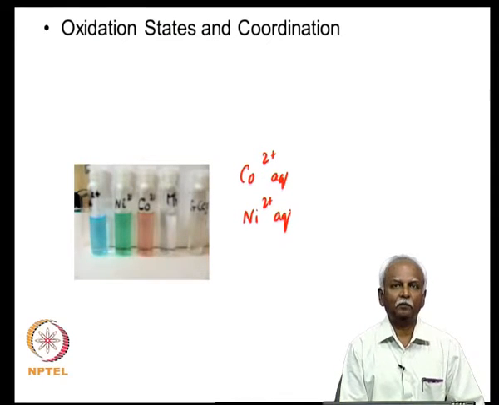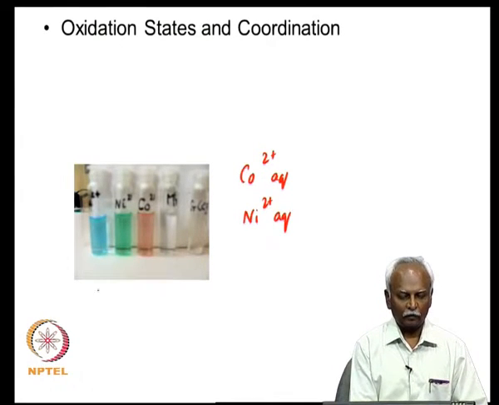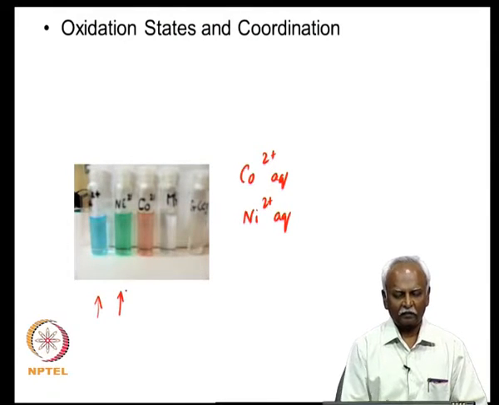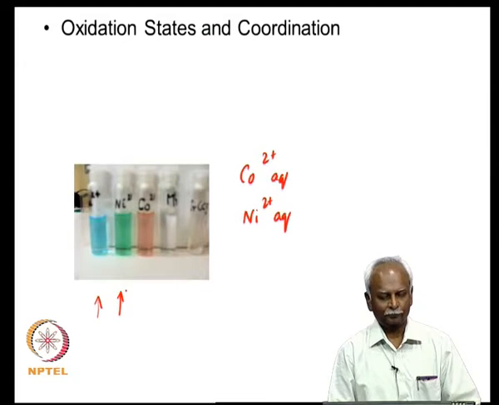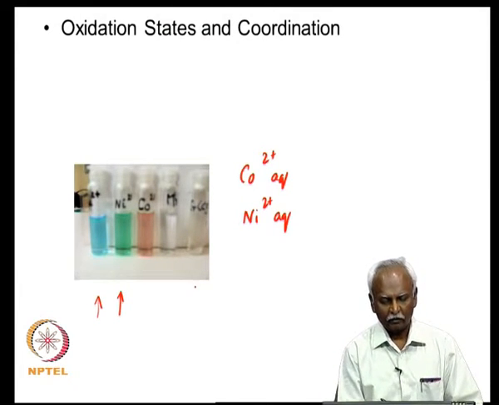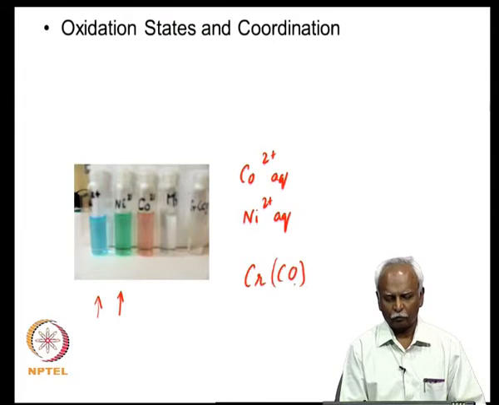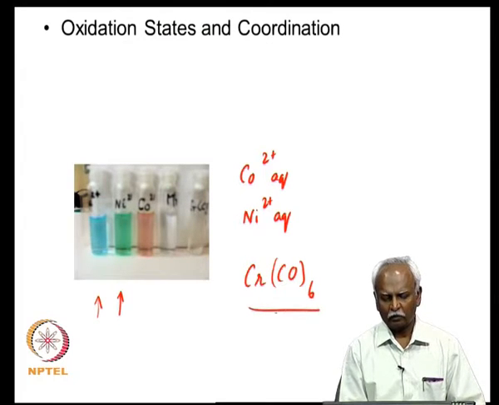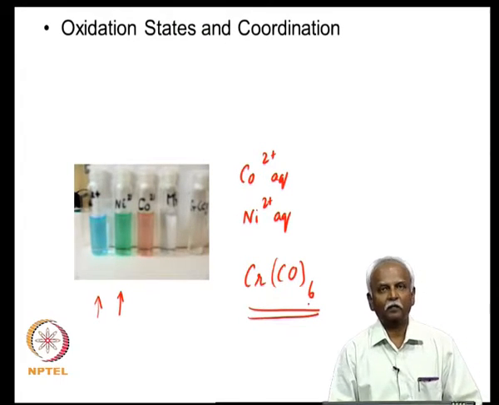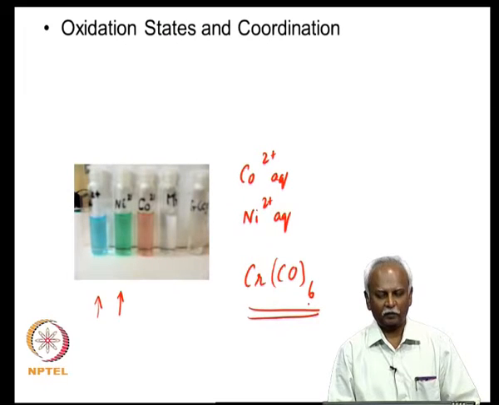Here you can see them with very bright colors, blue, green and pink, and these complexes tend to be very highly colored. On the other hand, if you take the chromium carbonyl complex, which we just talked about, Cr(CO)6, this is neutral, and it is also interesting to note that it is a colorless species.